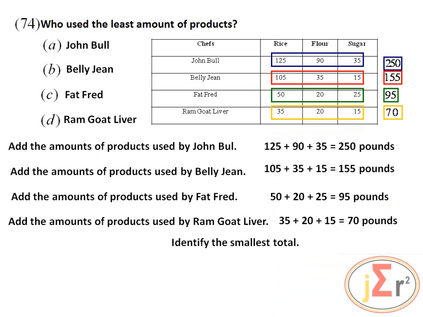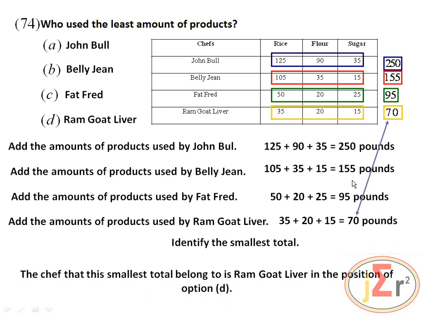So what do we say then? Identify the smallest total. What is the smallest of all the totals that we have here? 70. And that belongs to Ram Goat Liver. And that one is option D.